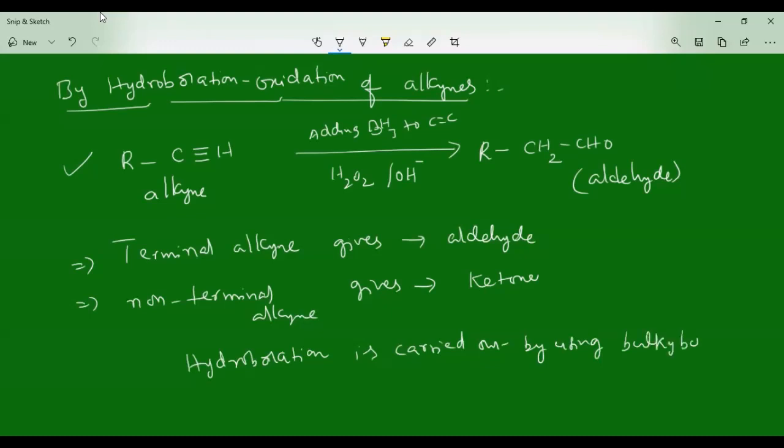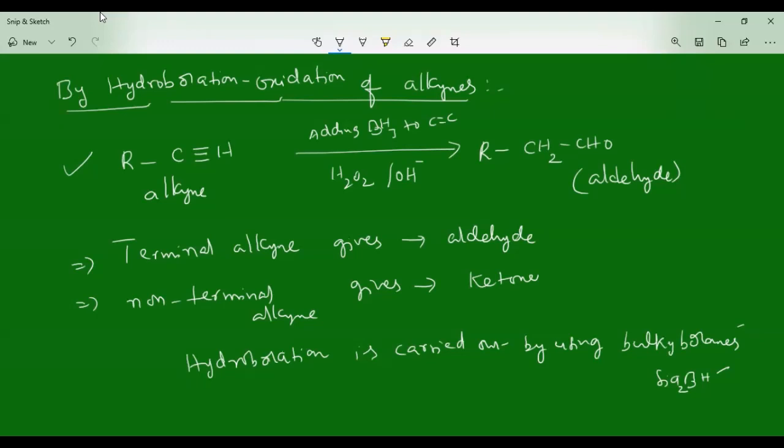The bulky borane general formula is Sia2BH, so that also you can use.